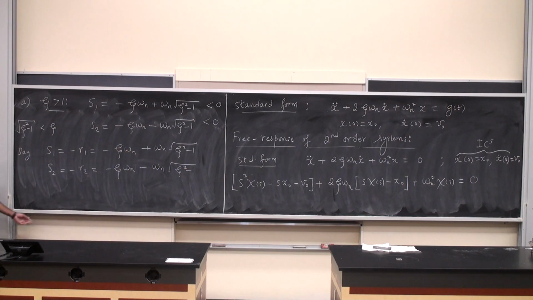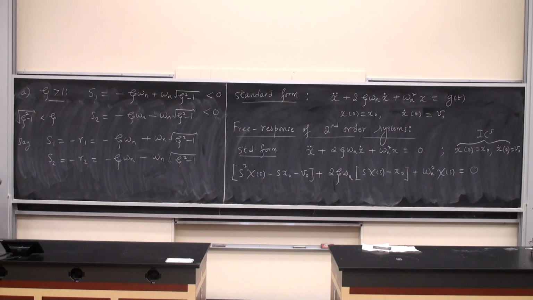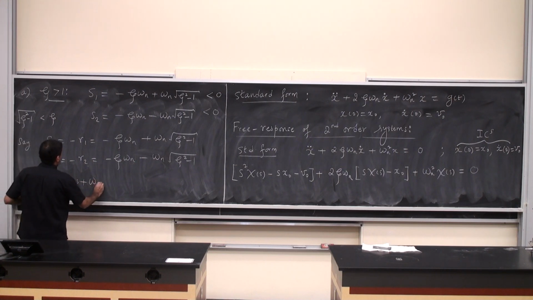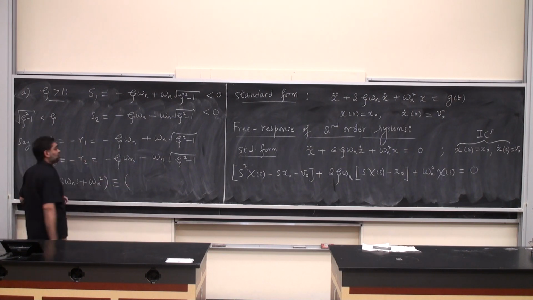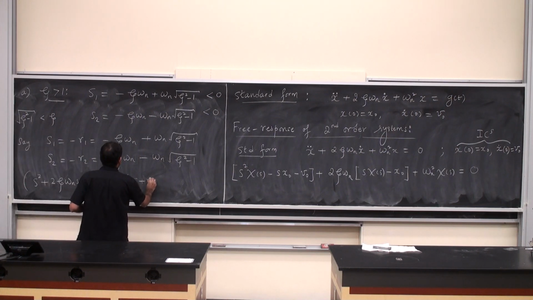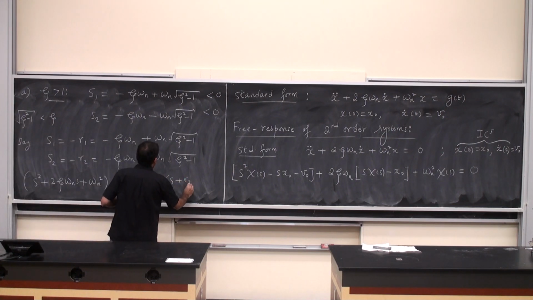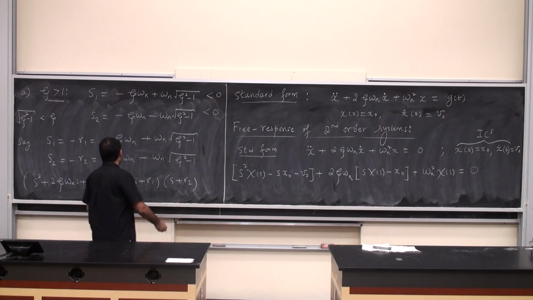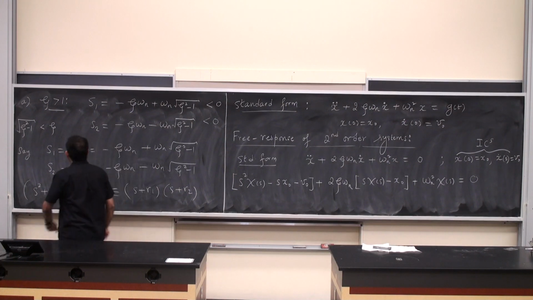And so if I look at the characteristic polynomial, S squared plus 2 zeta omega n S plus omega n squared, it can just be broken into S plus R1 times S plus R2. And what does this tell you? This tells you that there are two distinct and real roots.